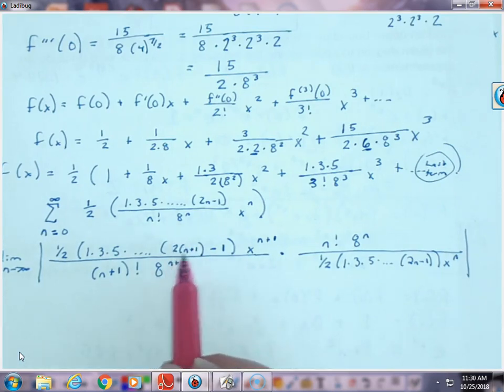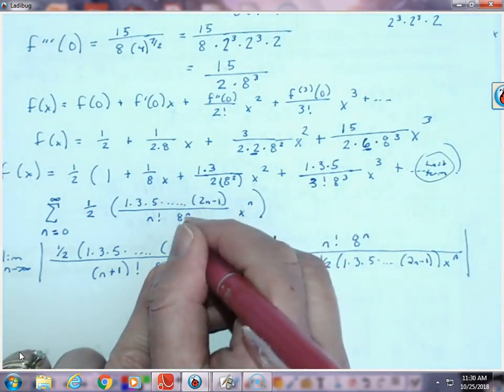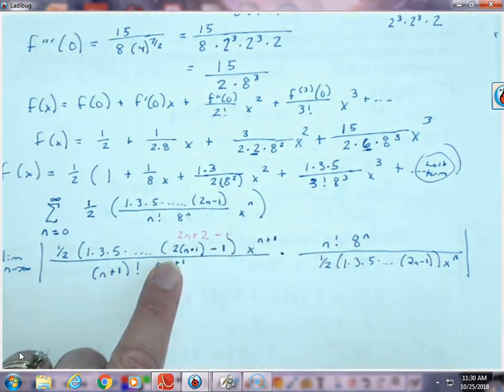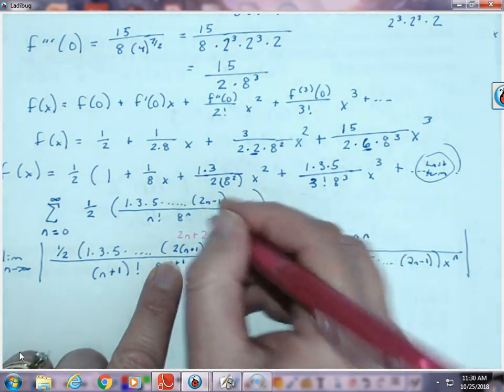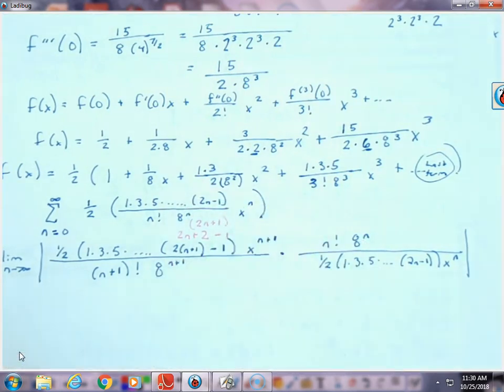So this little guy right here, I'm just going to figure out what this is. So this is 2n plus 2 minus 1. Yeah, so that last one is just going to be 2n plus 1.